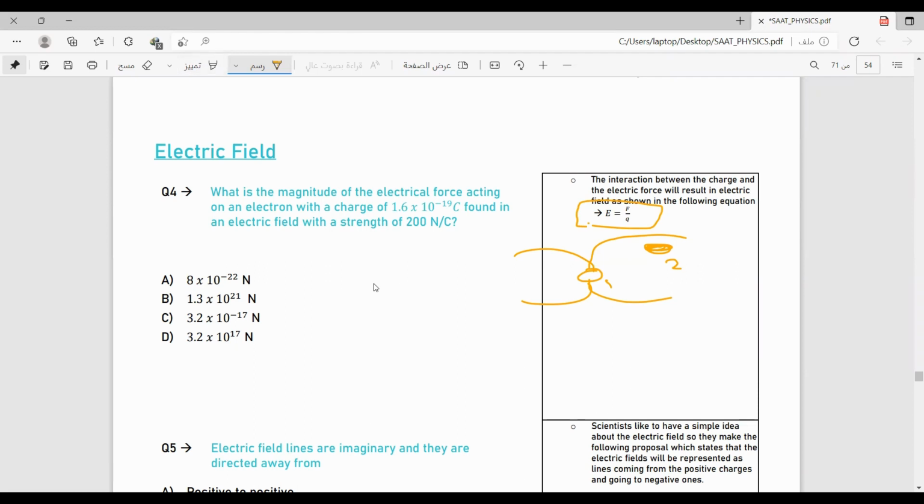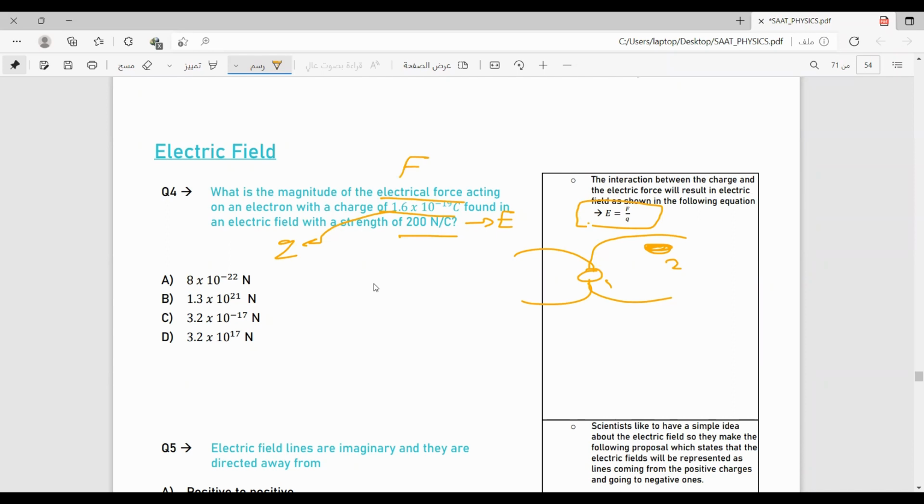And for this reason, in such a question, we are asked what is the magnitude of the electrical force. Now we want to find the electrical force acting on an electron with a charge of, so this is the charge of the electron, found in an electric field with a strength represented by E. Now we have the electric field and we have the charge itself, this is the Q. And we are asked about the force.